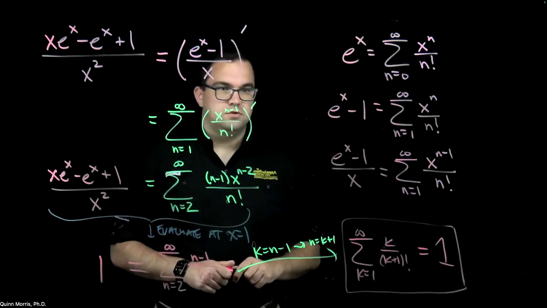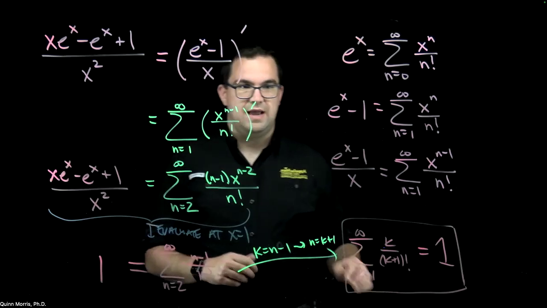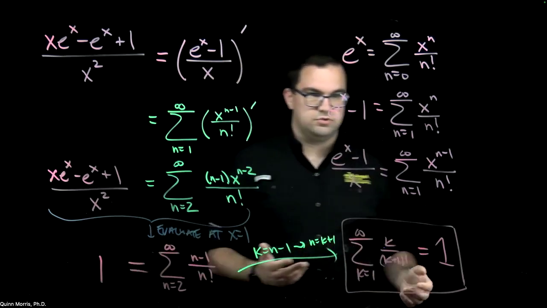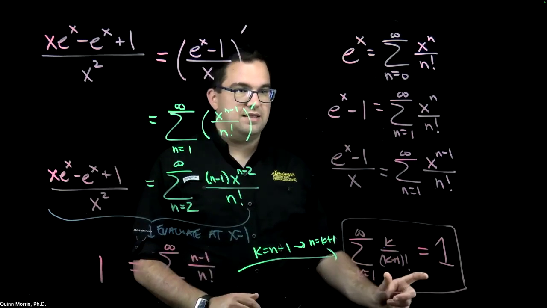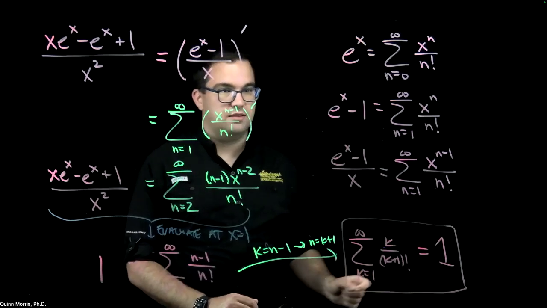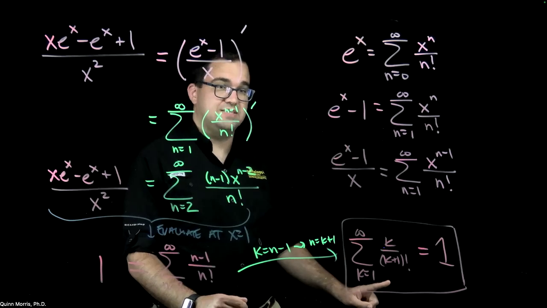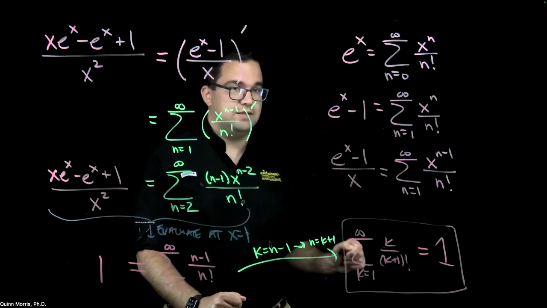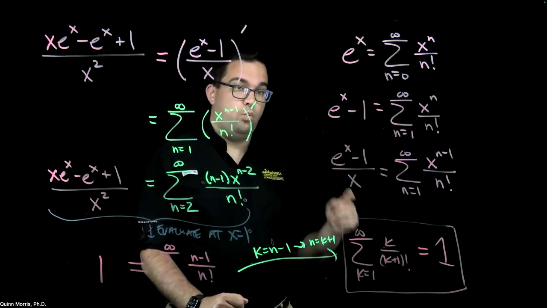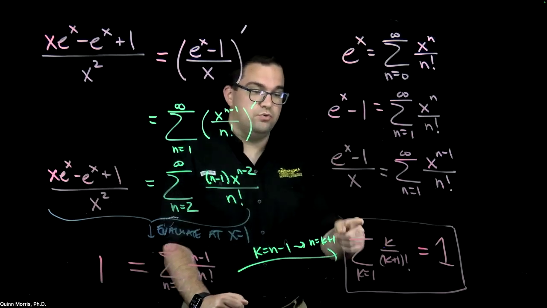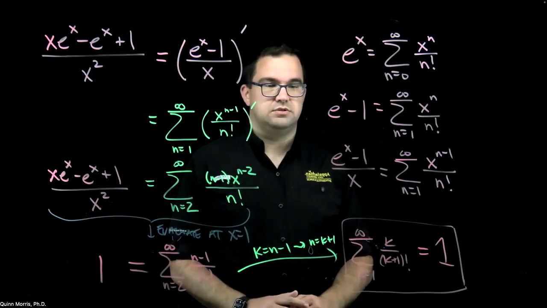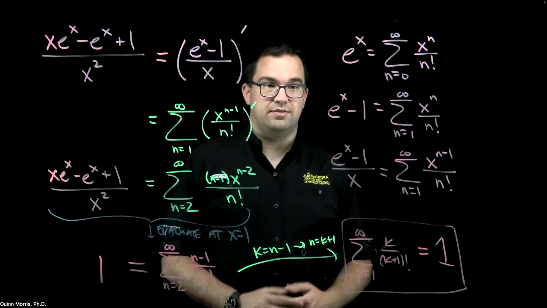So in this last example, we see how to take all of these different sorts of rules and tie them together to actually help us find the precise value to which a series converges. Again, you can prove this series converges using ratio tests, but to determine what value it actually converges to, you need to use these sorts of methods.